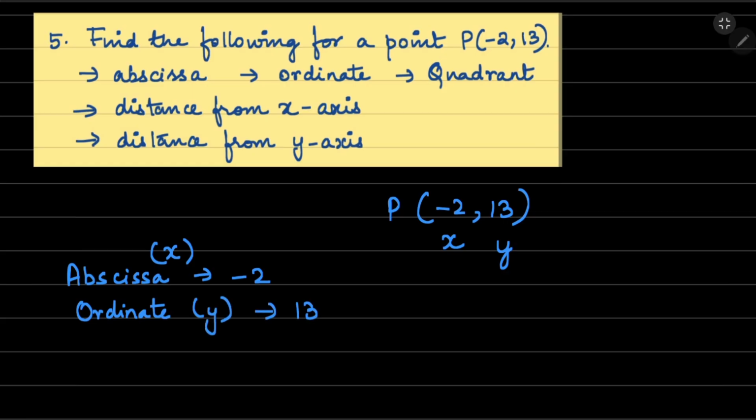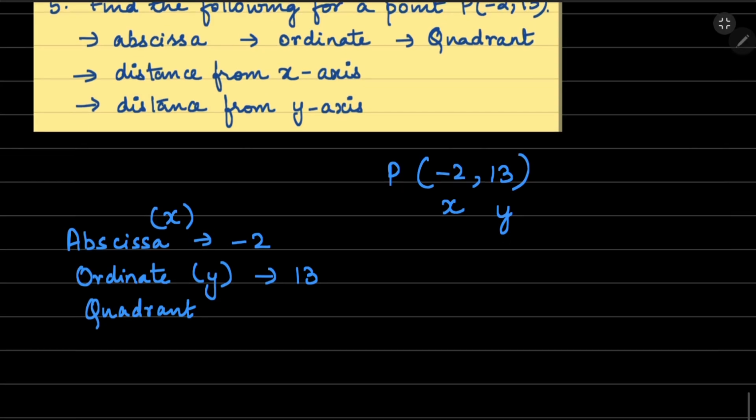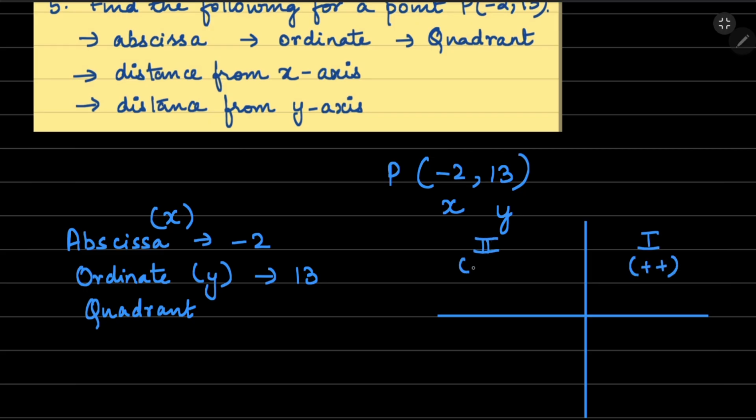Quadrant. The next question is, which quadrant will the point lie? So if you take your Cartesian plane, this is your first quadrant where both the values are positive. This is your second quadrant where your x values are negative and y is positive.